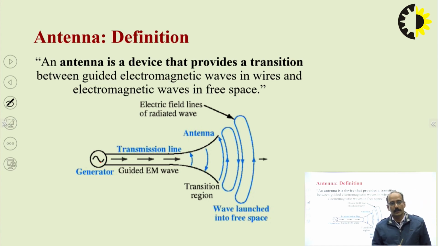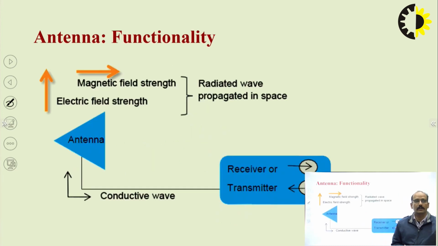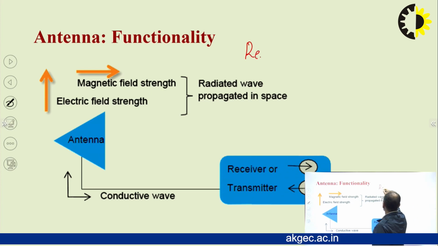If we talk about the antenna as a transmitter or receiver, the antenna single-handedly works for both transmitting and receiving ends. How is it possible? Because the antenna follows the reciprocity theorem.